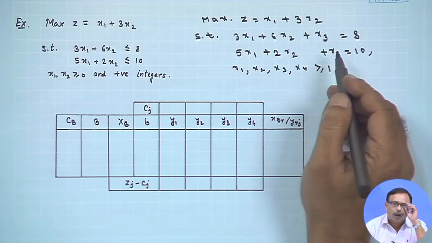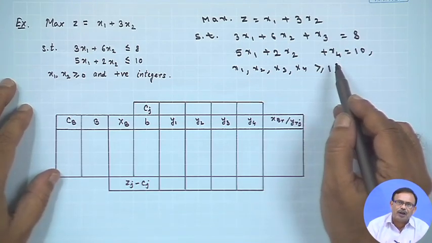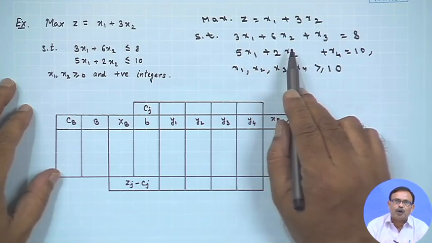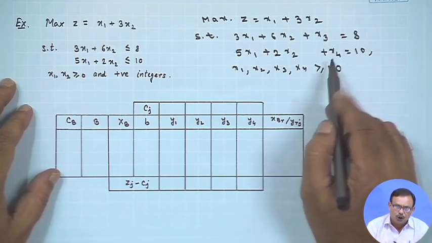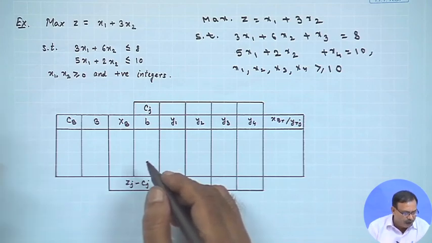So, here your slack variables are x3 and x4. Therefore, x3 and x4 will go in the basis. If I make x1, x2 as 0, then x3 equals 8 and x4 equals 10. So, in the basis your x3 and x4 will come.